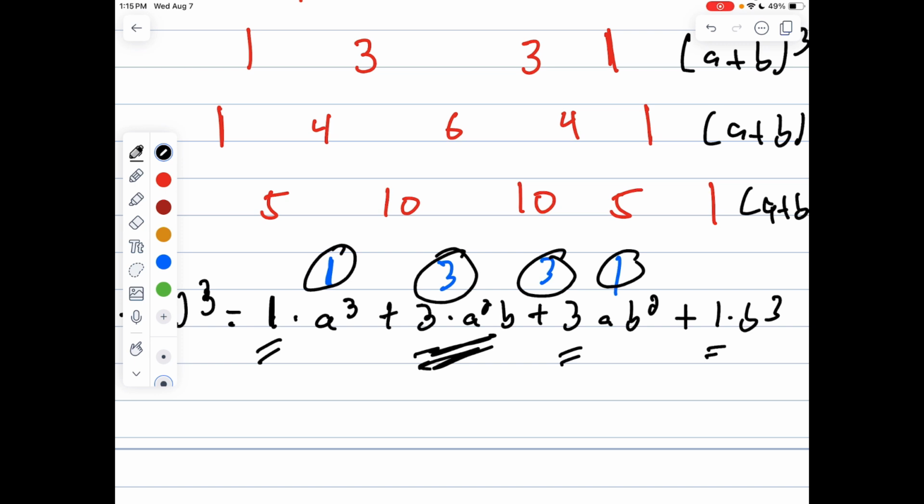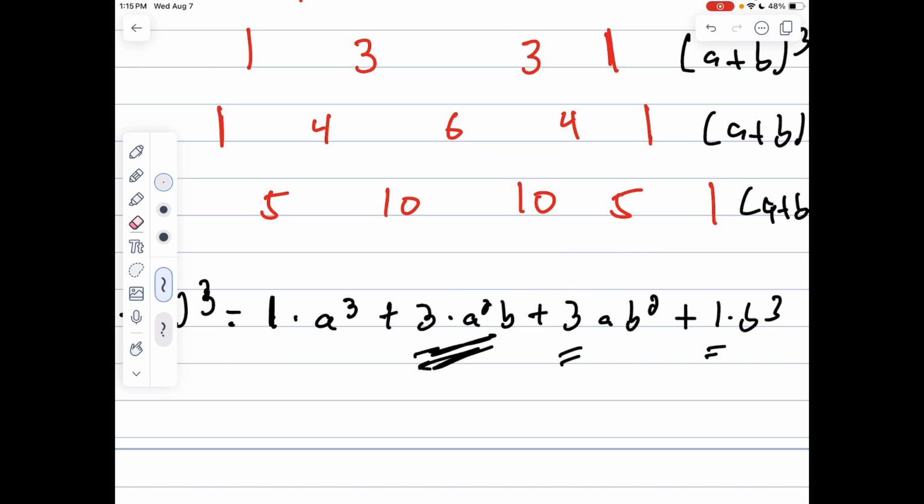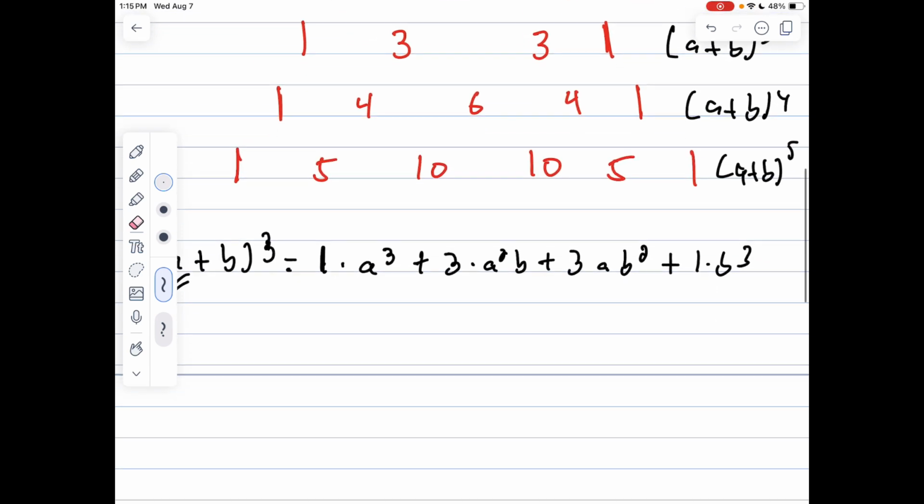So a is to the second power now, and then the b starts to appear, b to the first. Next, the a goes down again, so it's a to the first, and the b appears again, but now it's raised to the second. And last but not least, all the a's are gone and we have just b to the third. So try to remember that idea, and we don't really need these numbers anymore, so go ahead and erase them. Again, you start with a raised to the power that you're working with, then in the next term a goes down by 1, and b starts to appear, and so on, until you reach the last term, which is just b raised to the power. And you have those numbers in the middle.